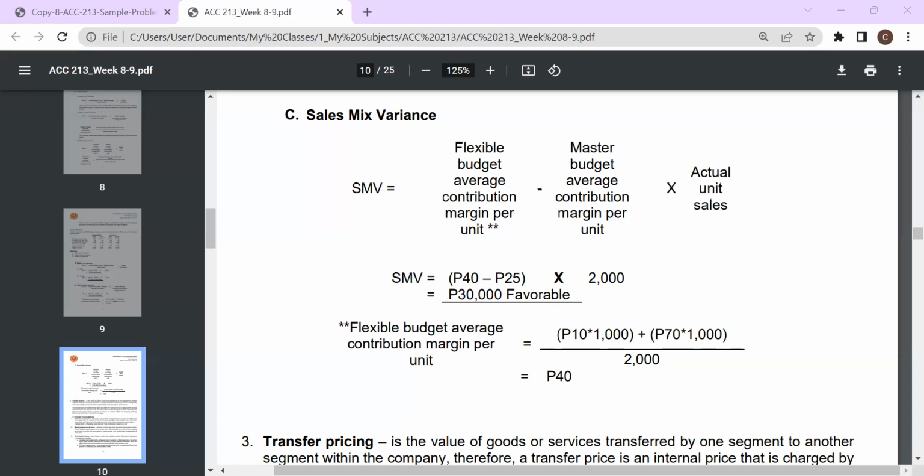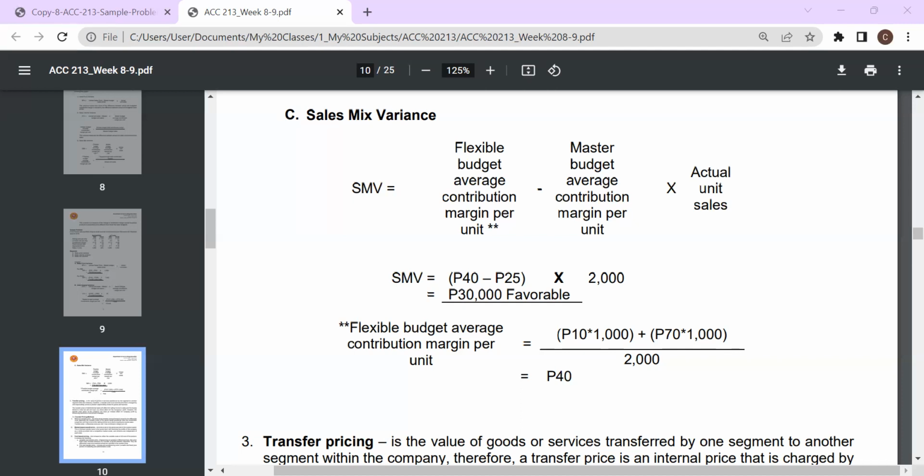Okay. So, what we're going to do is we just simply compare, no? Compare natin. So, let's have 5 digits here. So, compare natin ito versus yung master budget average, no? So, you'll have 5.21287 versus 5.25.